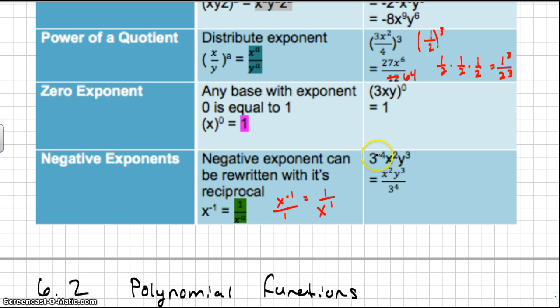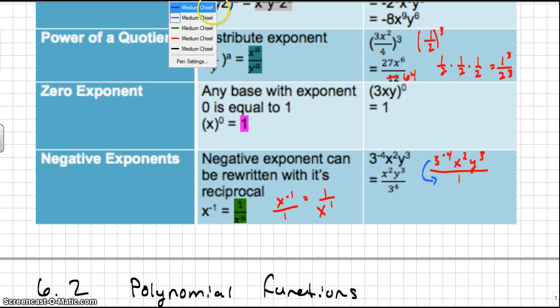And the same thing here, this 3 to the -4, I'll move that to the bottom. So I have 3 to the -4 x squared y to the third, and that's technically all over 1. So my next step will be to take this 3 to the -4th and move it to the bottom. So I'm going to move it down to the bottom, and I'm going to change the sign.